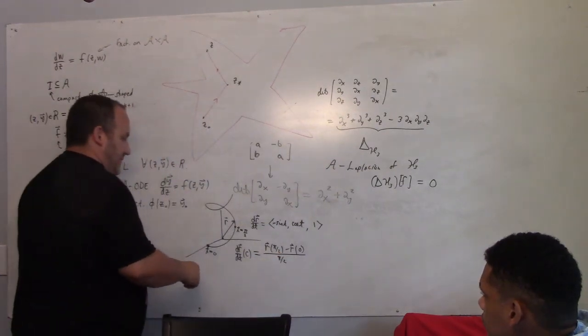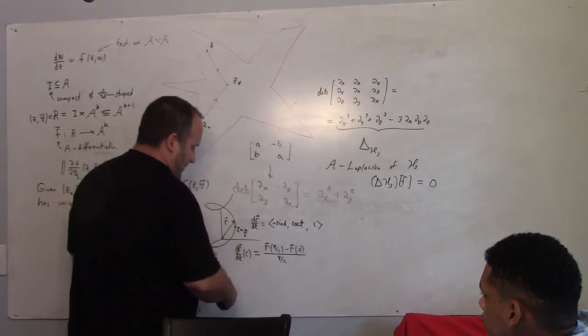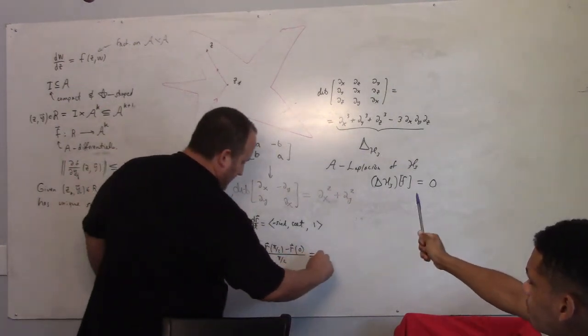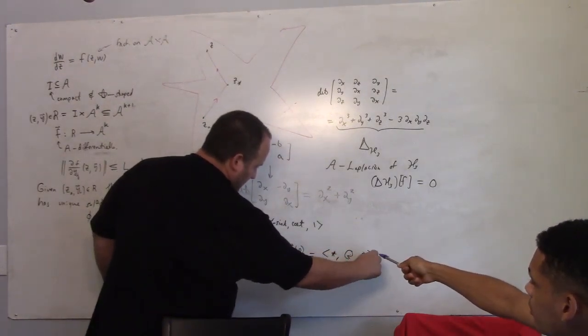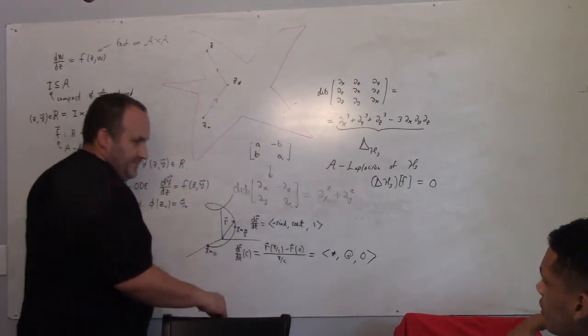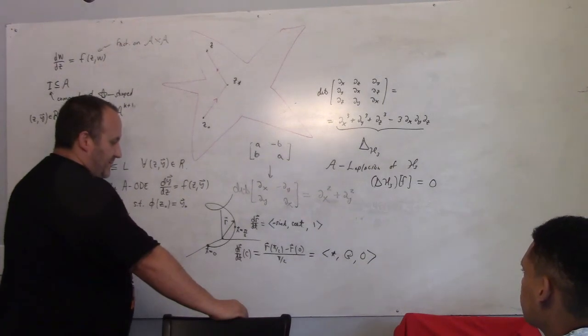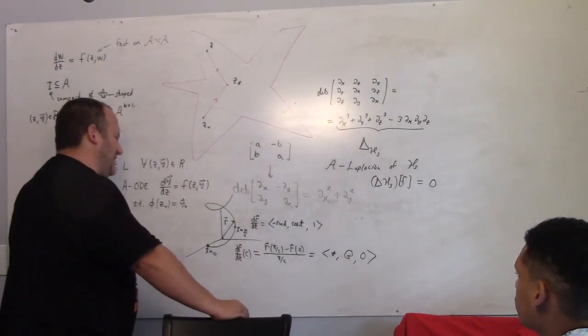So this would be the average, and so that would be 1, negative 1, 0, and then that'd be 1. The z components don't cancel, because t wasn't minus there.